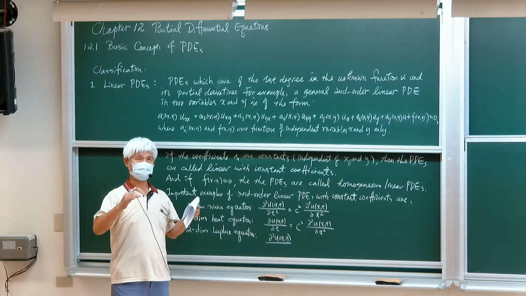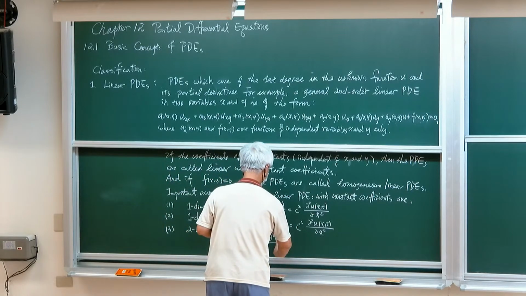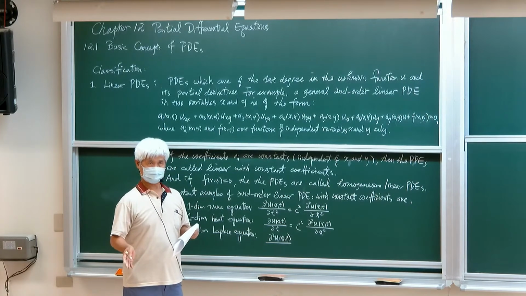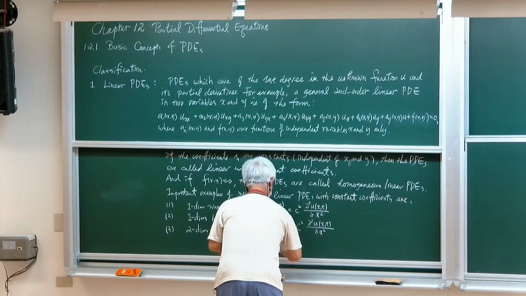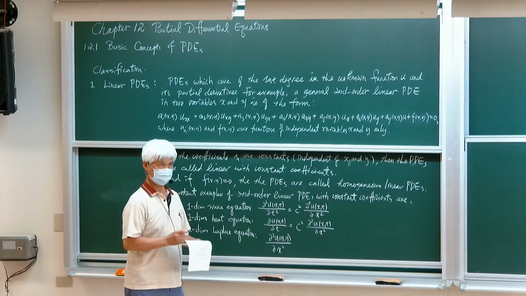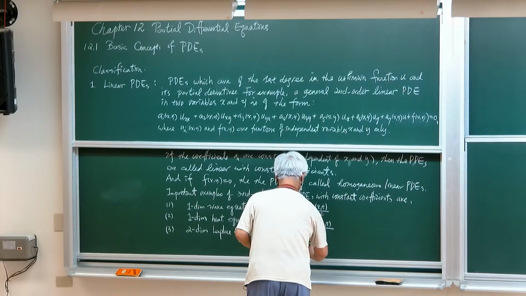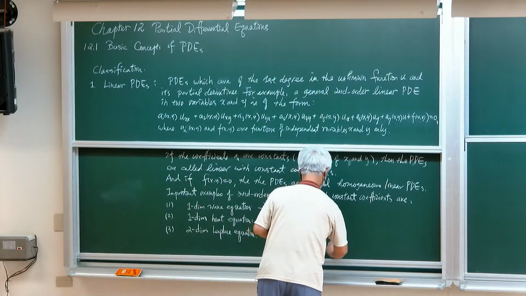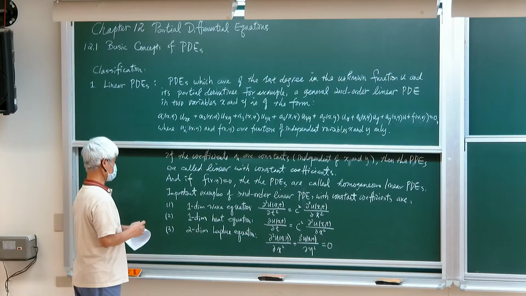The stable system will not evolve along the time. So the physical quantity u depends only on the spatial dimensions x and y. This one is the second order partial derivative with respect to x plus the second order with respect to y equal to 0. So this is called the two-dimensional Laplace equation.